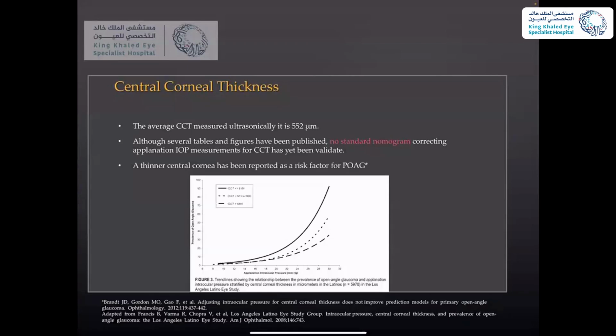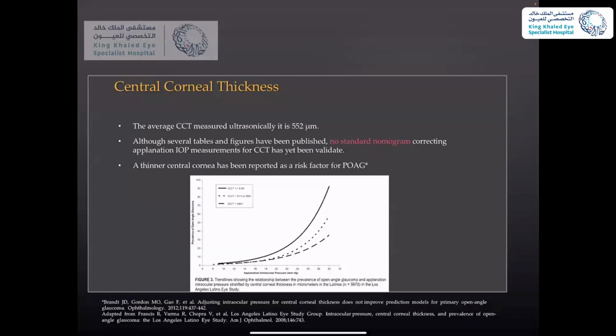As we mentioned, the cornea plays two major roles for the glaucoma patient. The first is playing a role in IOP measurement, either underestimating with a thin cornea or overestimating with a thick cornea. And also the thin cornea is per se a risk factor for primary open angle glaucoma.